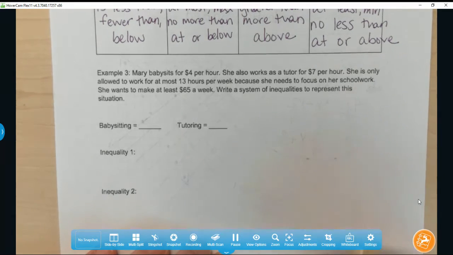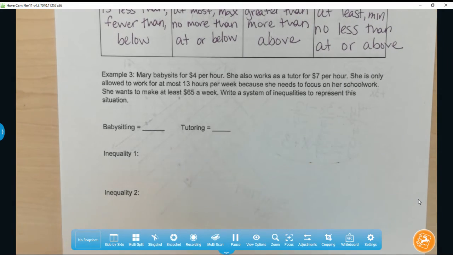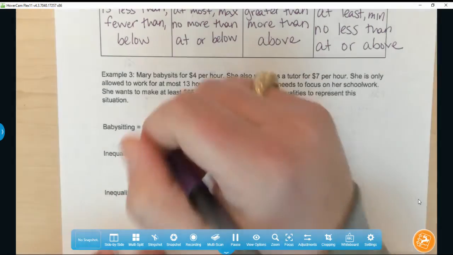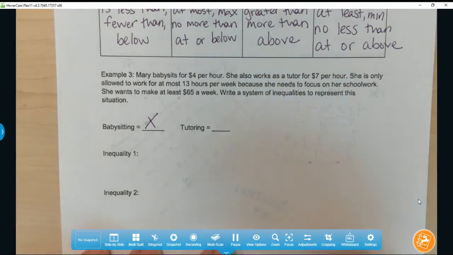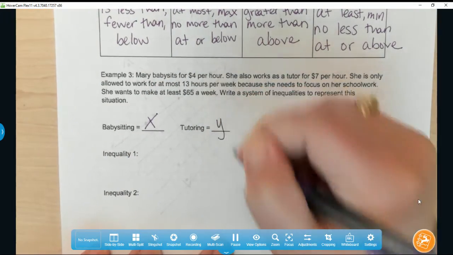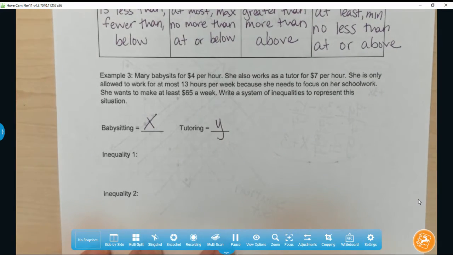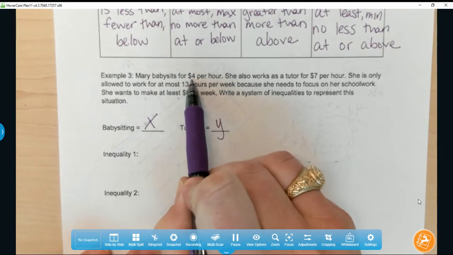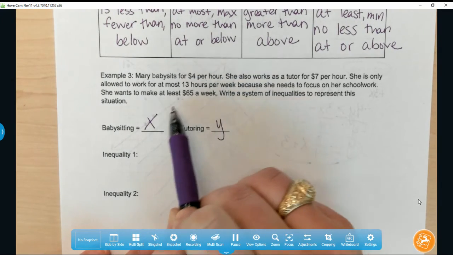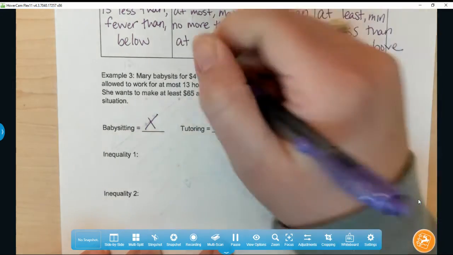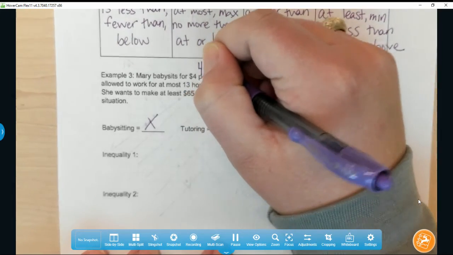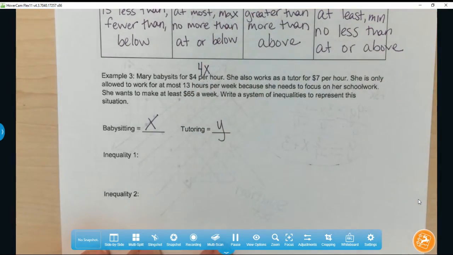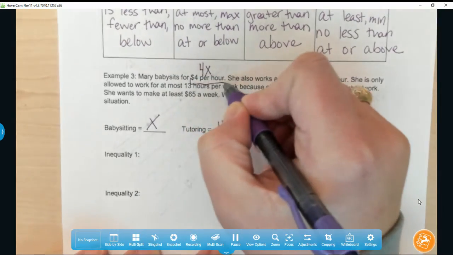So the first thing we always like to do is we go ahead and define our variables. So let's label babysitting as our X variable, and let's label tutoring as our Y variable. And I'm just going to run back through there. So babysits for $4 per hour. So if X is babysitting, I know that you're making $4 per hour babysitting. That's what that means right there.